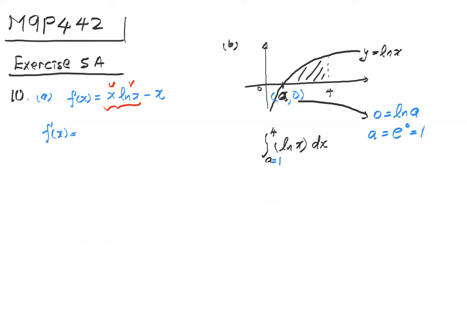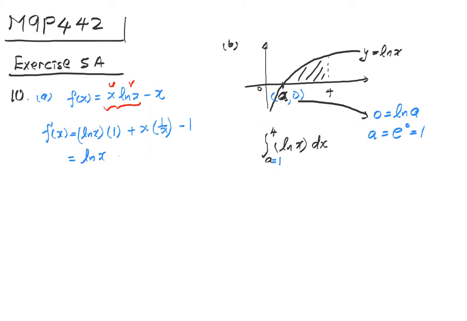Okay, so we have v u prime plus u v prime. Okay, then here minus x, the derivative for x is 1. Okay, so this will be ln x, right?